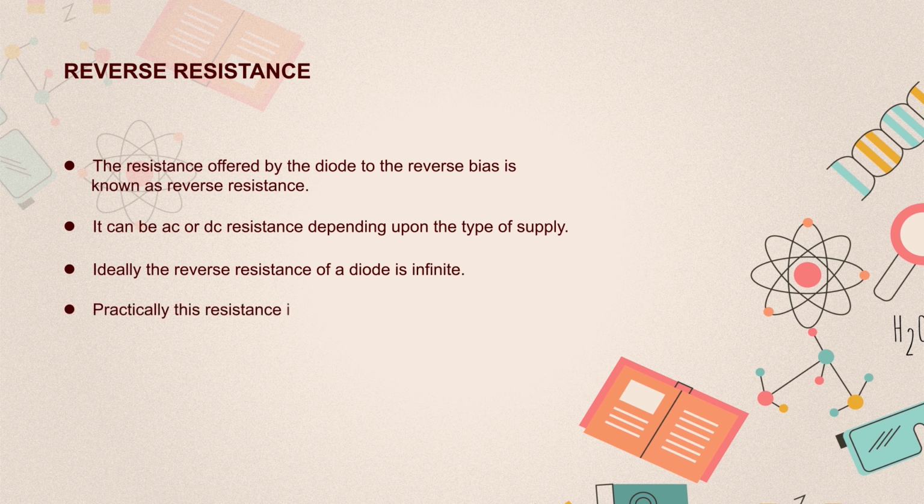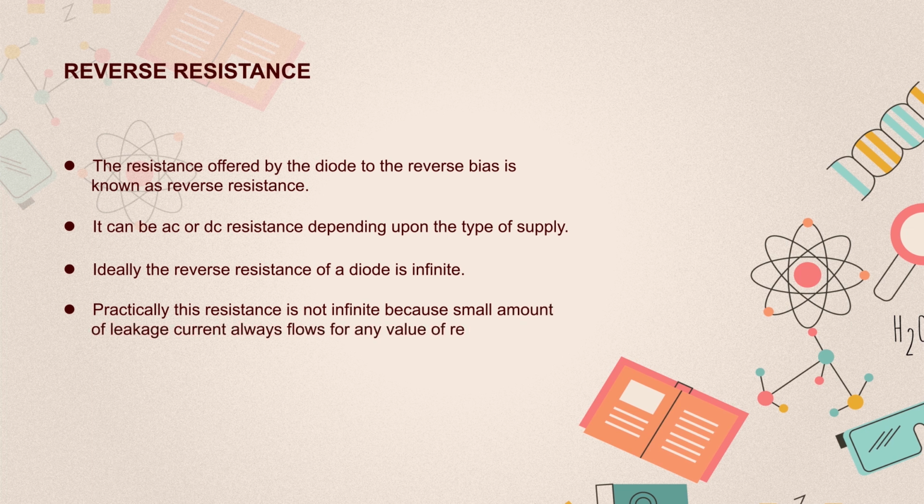Practically, this resistance is not infinite because a small amount of leakage current always flows for any value of reverse bias. As we know, for ideal cases the value of resistance is infinite for a diode, but practically a small amount of leakage current flows.